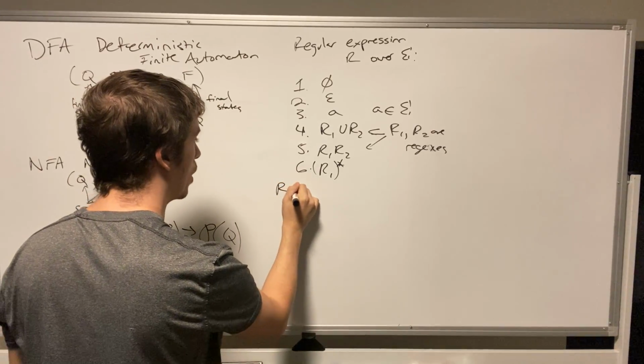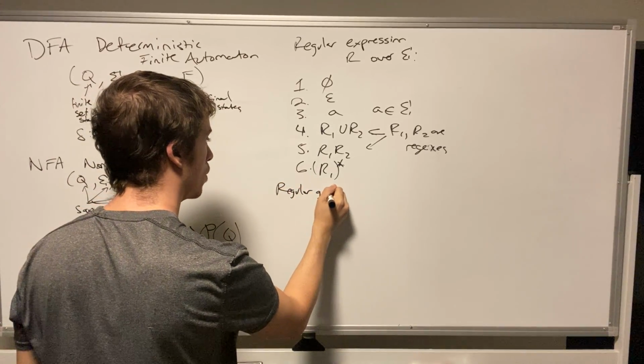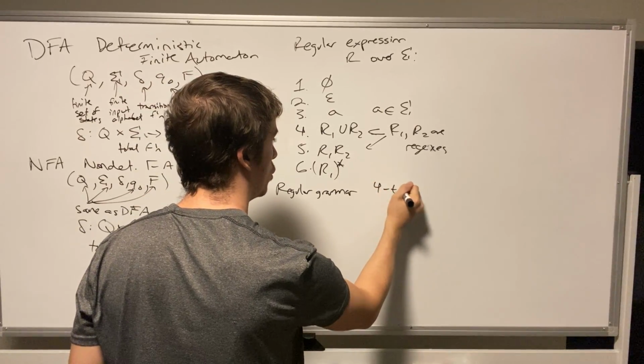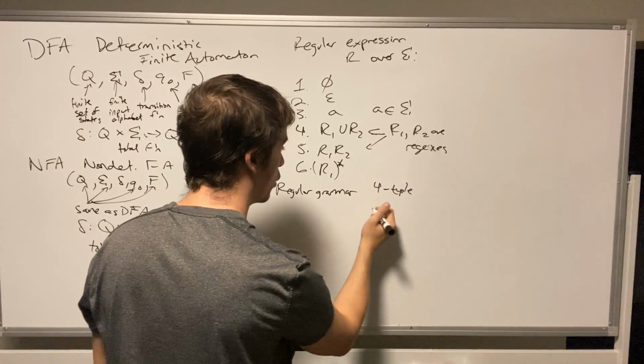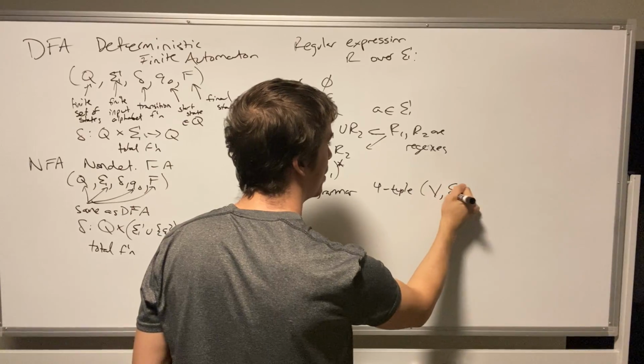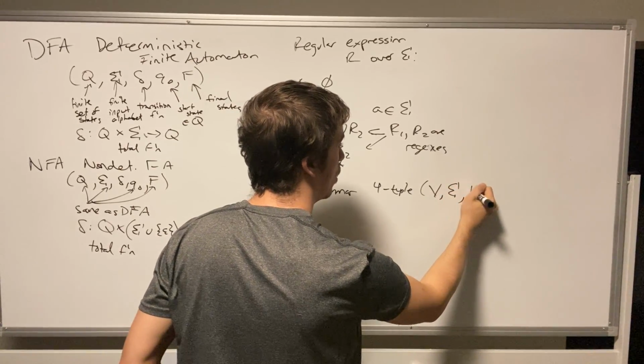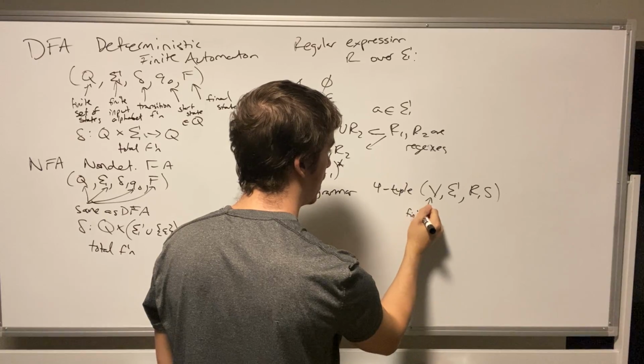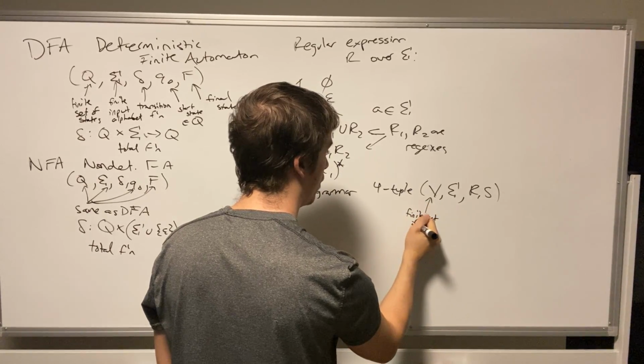A regular grammar is a 4-tuple: variables, terminals, rules, and start variable. So a finite set of variables.